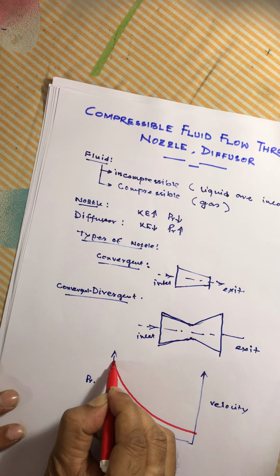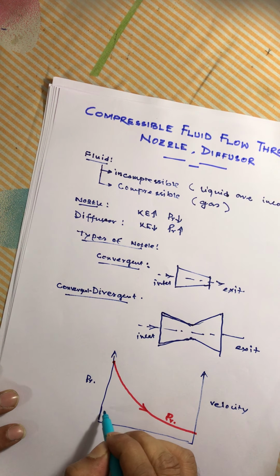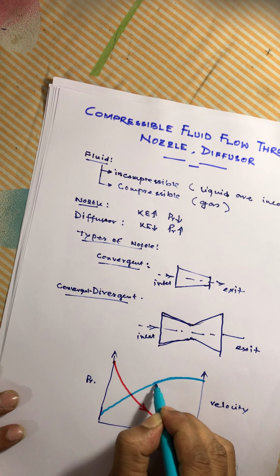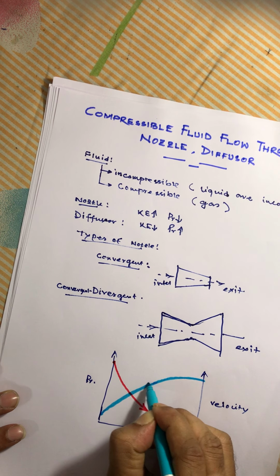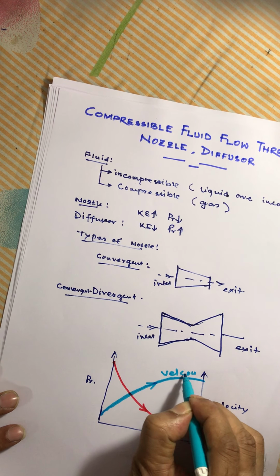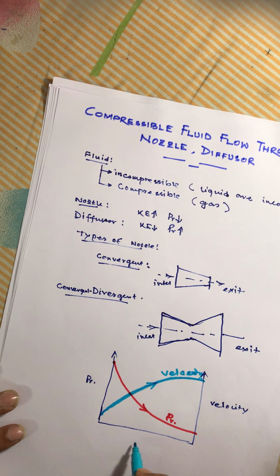So, this is the pressure line. And what will be the velocity profile? The velocity initially was here, and it is going to increase, just like that. So, this is the velocity profile. Is that clear? And in this direction is length or area.